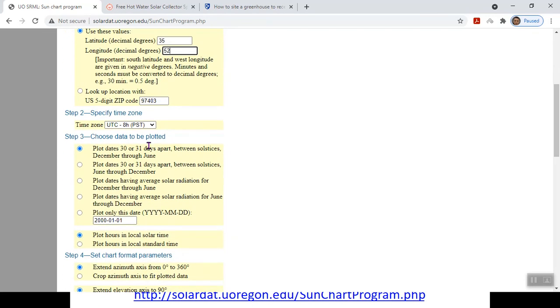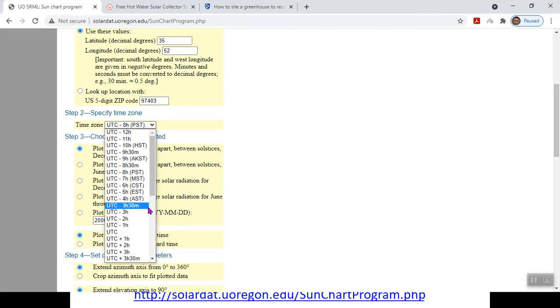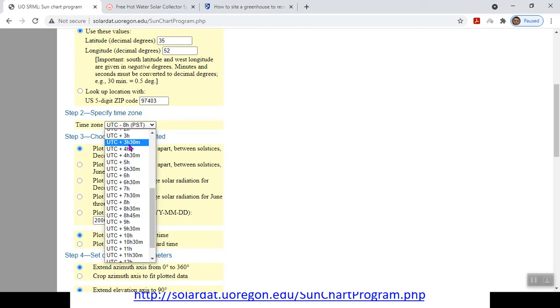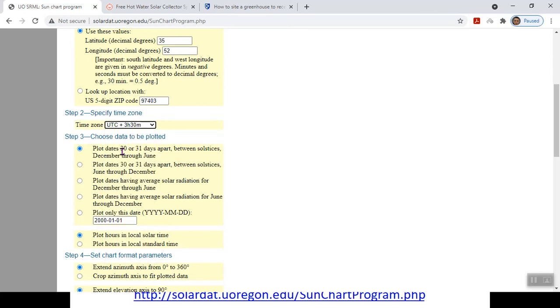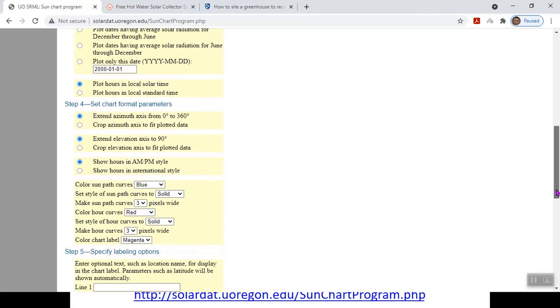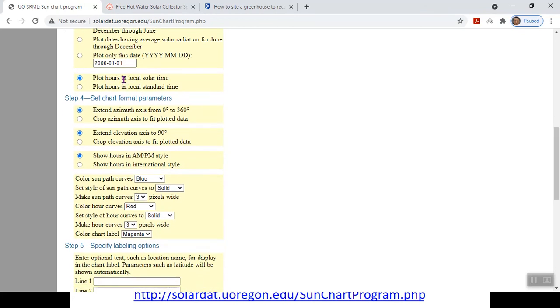Then you may select the time zone. For example, it may be +3:30 for Tehran, for Iran, and you may select different types of drawing. You may select to draw the curve based on solar time or standard time. Both are possible.